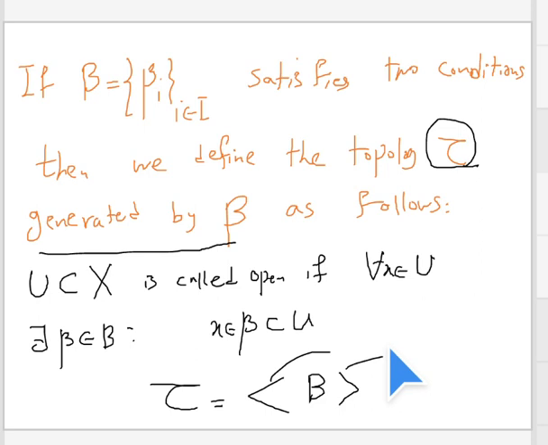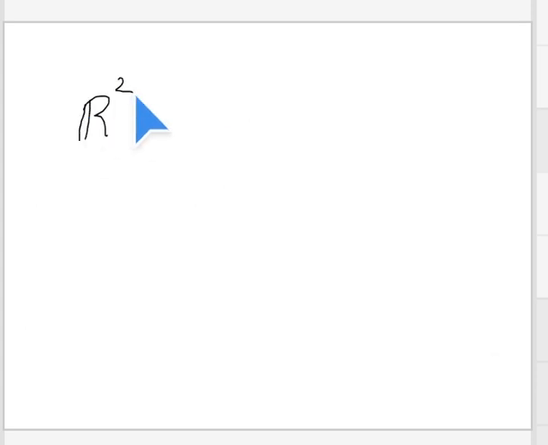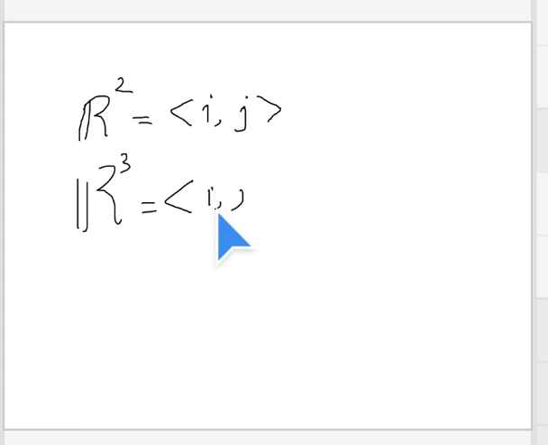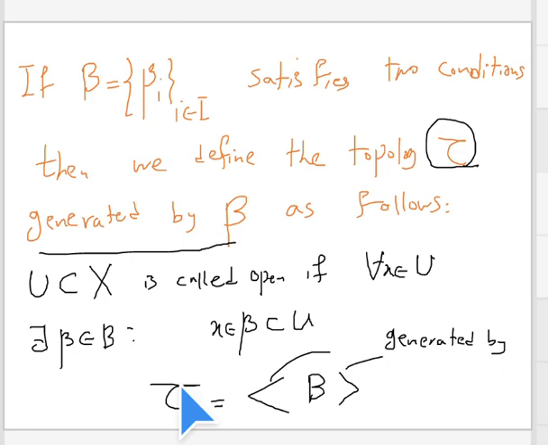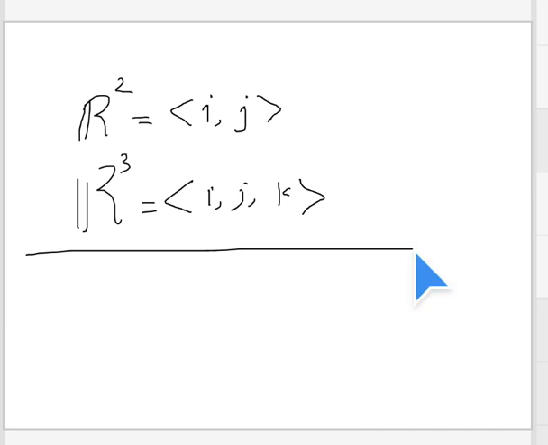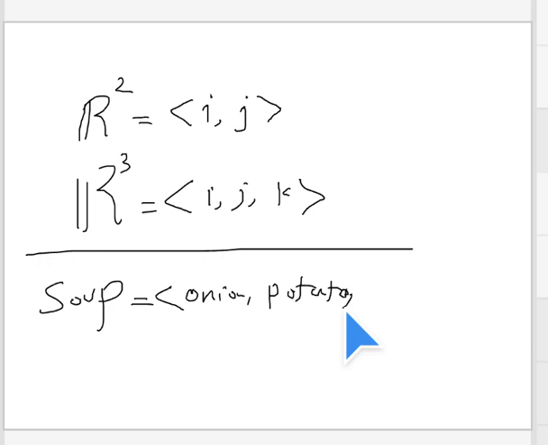I write it as follows. This means generated by. For example, R2 generated by I and J, R3 generated by I, J, K. In your life, soup is generated by onion, potato, water, hen, and some other things, vegetables.